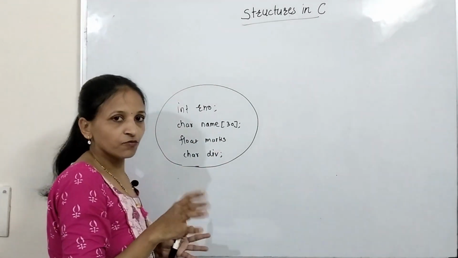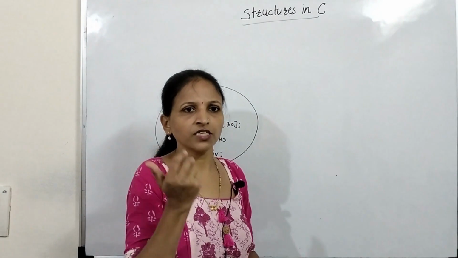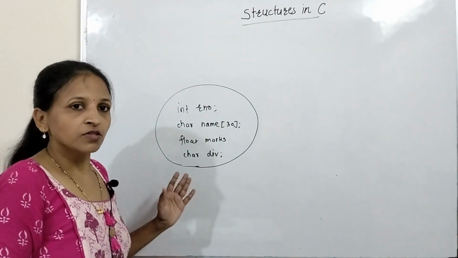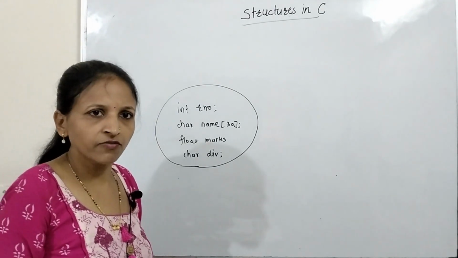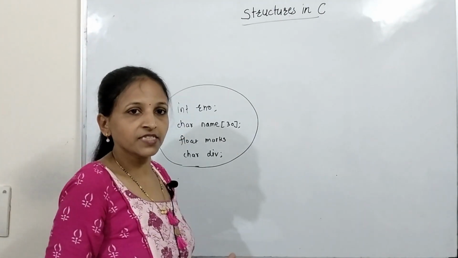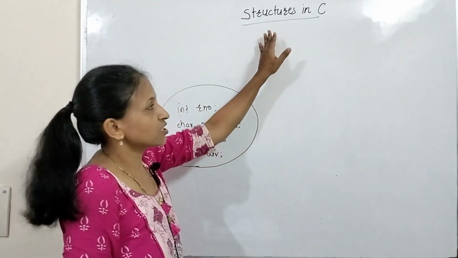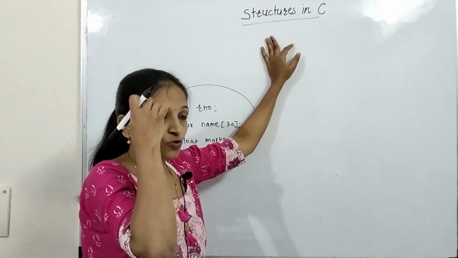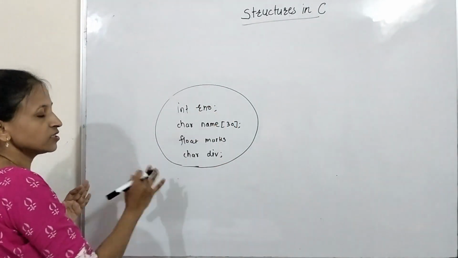Whenever we create one unit to represent all this, we can create one instance of it that will represent one student, then a second instance will represent the second student. In this way we can represent data about any entity using the structures concept. If I want to store data about a student, I will create this structure.